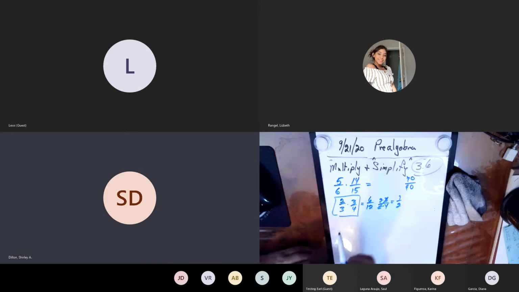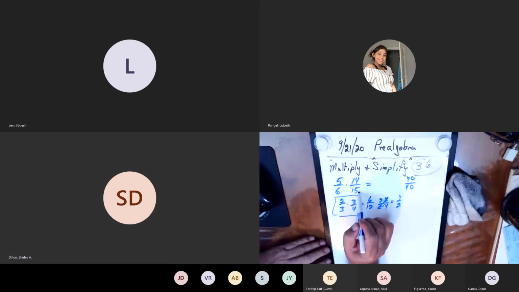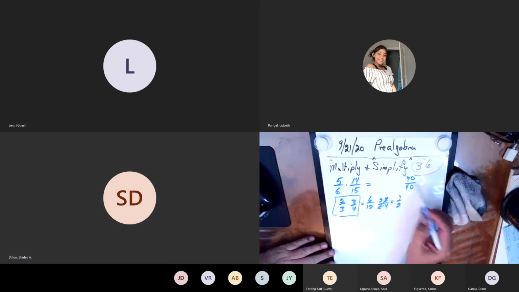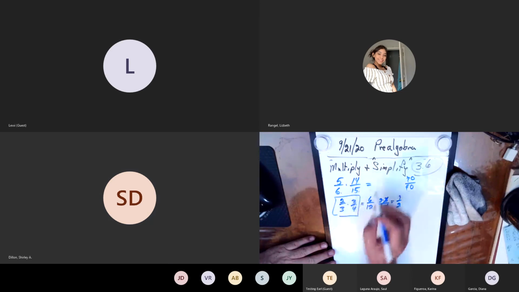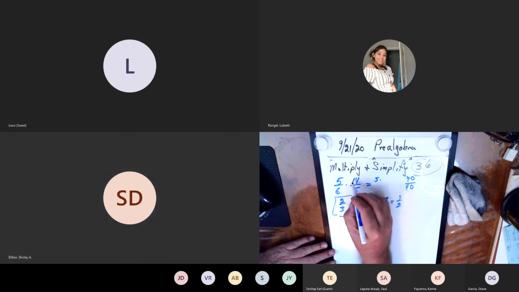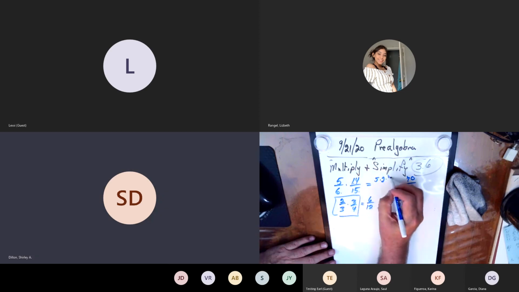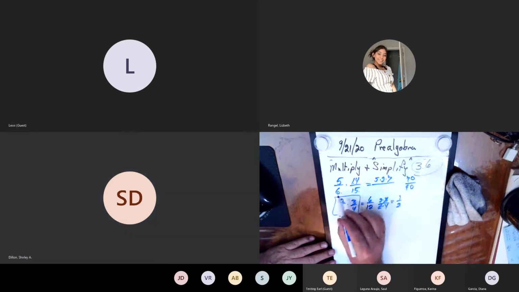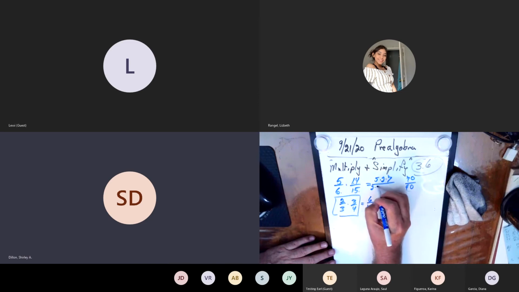All right, so here we go. We've got 5/6 times 14 over 15, and that's just going to be big numbers to play with, and you're going to multiply them by hand most of the time. But if you leave these in factored form, this is going to be 5 times 14, which is 2 times 7, and 6 is 2 times 3, and 15 is 3 times 5.